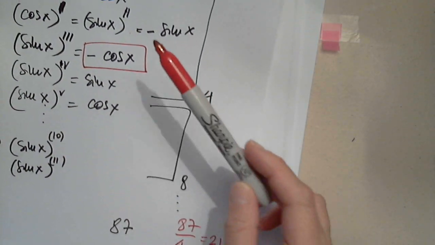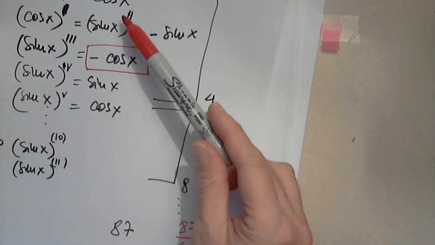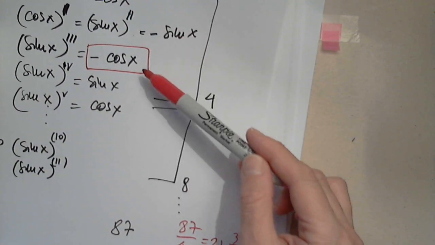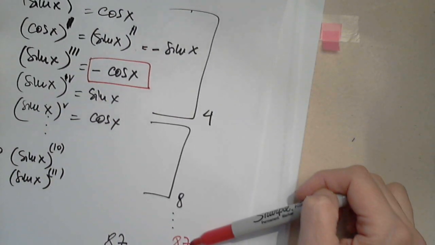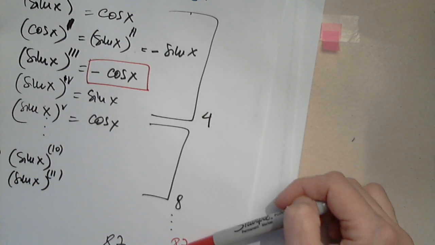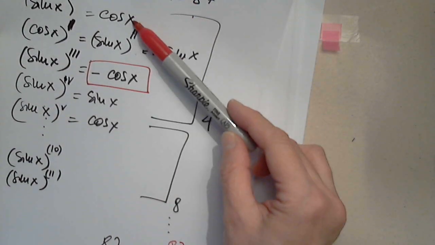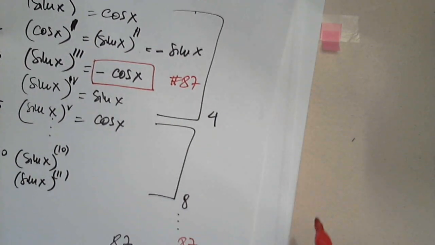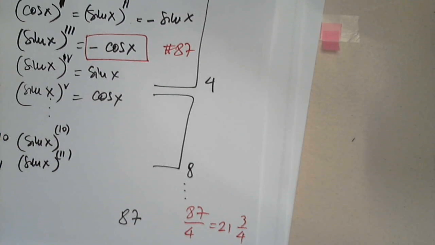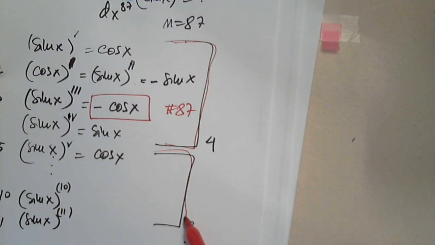Because 21, 22, 23. So this would actually be 87, right? So it would be 84, 85, 86, 87. So this is number 87. Luckily, they repeat in sets of 4.